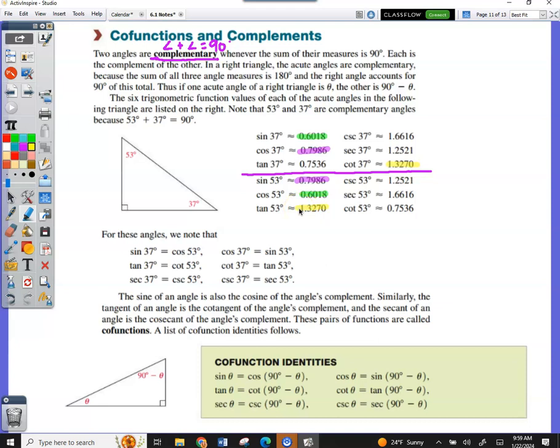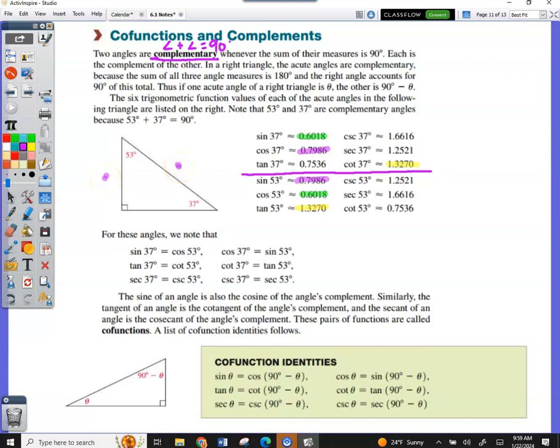All right, so now look. The sine of 37, opposite over hypotenuse, is the same decimal value as the cosine of 53. Cosine of 53 would be adjacent over hypotenuse.